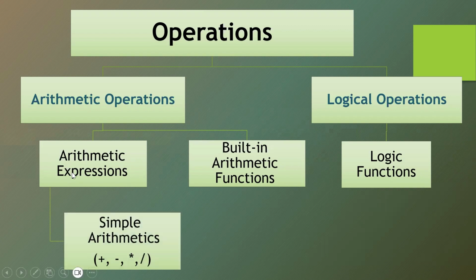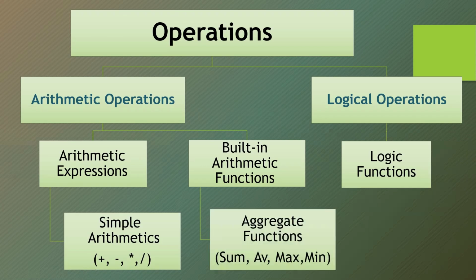The arithmetic expressions are simply the simple arithmetic like addition, subtraction, multiplication, and division. While the built-in functions are aggregate functions that can perform more than simple arithmetic operations in one step. And the difference between the aggregate function and the simple arithmetic is that the functions have a regular syntax that we should use to be able to apply them in Excel.